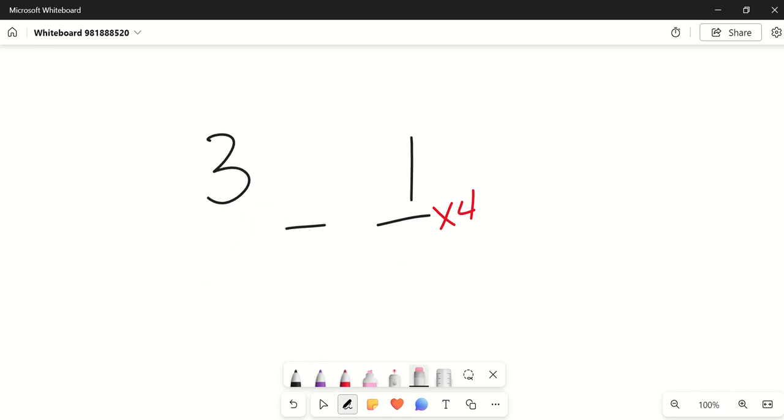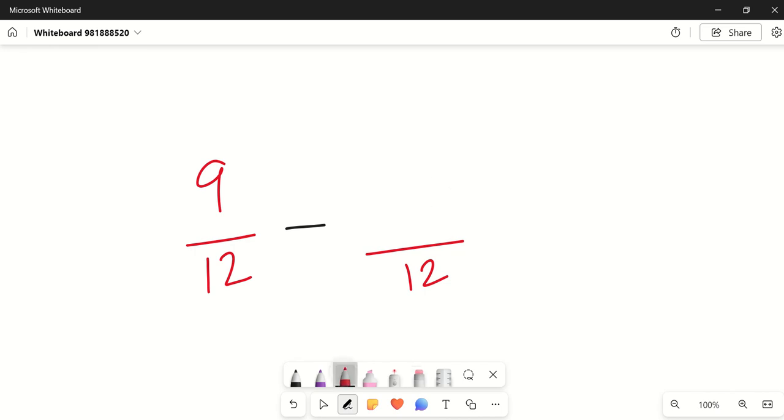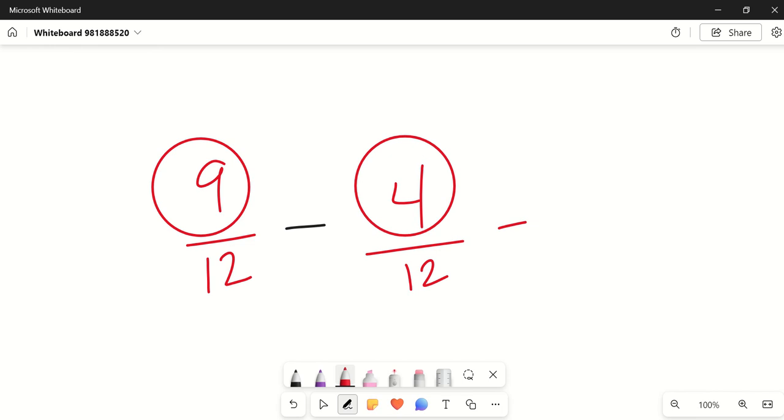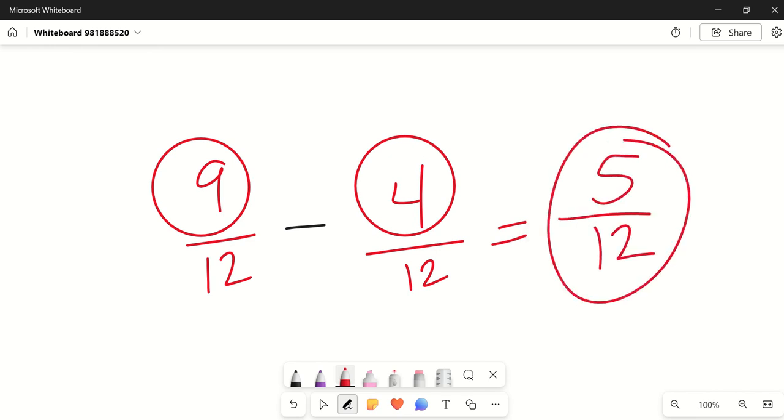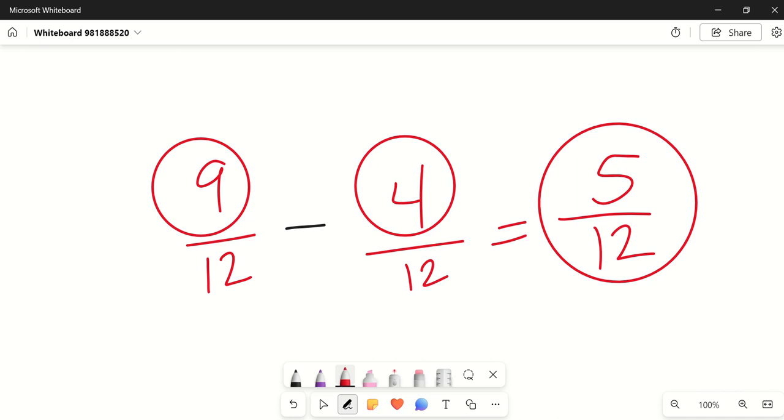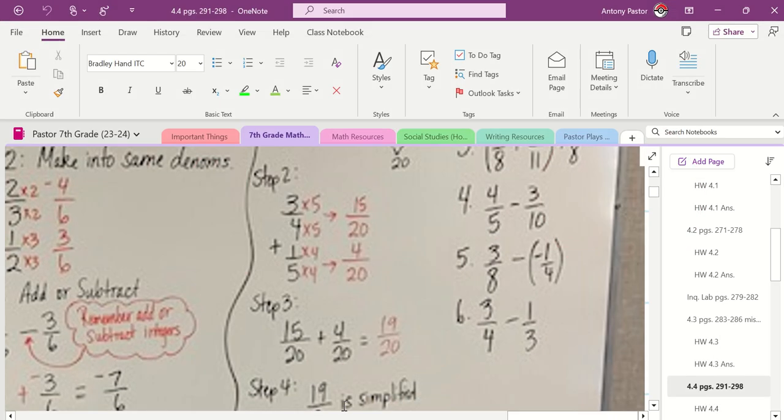These will both become 12. 3 times 3 will become 9, and 1 times 4 will become 4. 9 minus 4 equals 5. So it'll become 5/12. No common factors there. Therefore, 5/12 is my correct answer.